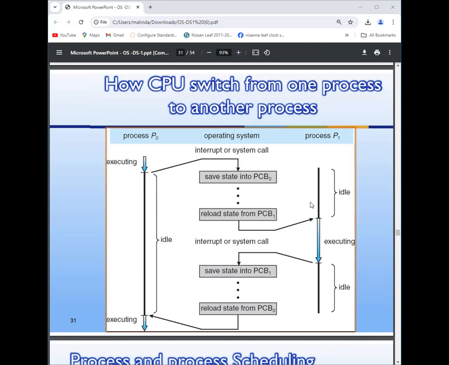So this is how processes switch on the CPU. First it saves the state, then it reloads the other process's state, and then it starts running.